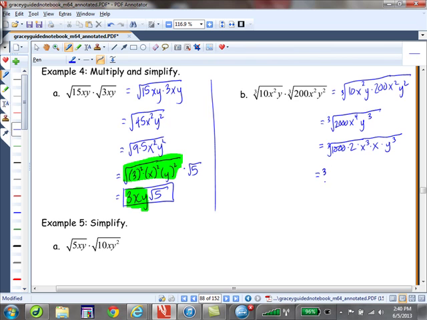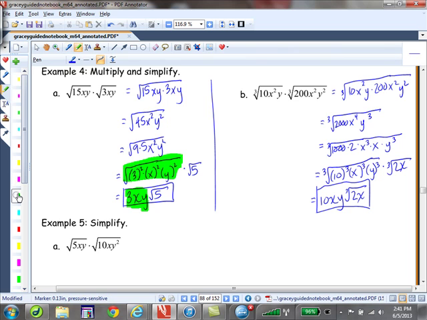This will be the cube root of 10 cubed x cubed y cubed, and then times the cube root. What do we have left? We have a 2 times x. So here, the first one, we can take out a 10 xy, and then we're left with the cube root of 2x. We're all set.